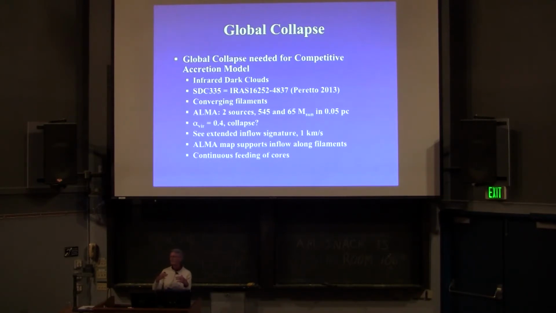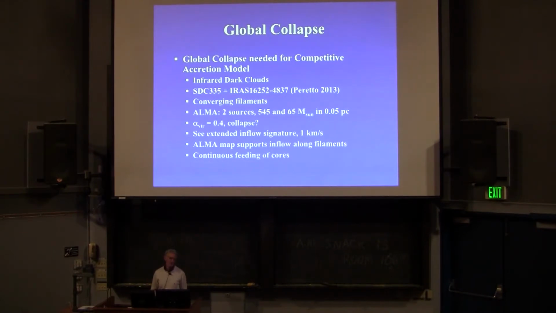This is a very common theme that's emerging from all the Herschel data, that you see essentially filamentary structure, as you also see in your simulations. Now, with ALMA, they looked at this, and they saw two sources of very high mass in a very small region. To me, I'd say this one might support the turbulent core picture, but that's not how they interpret it.